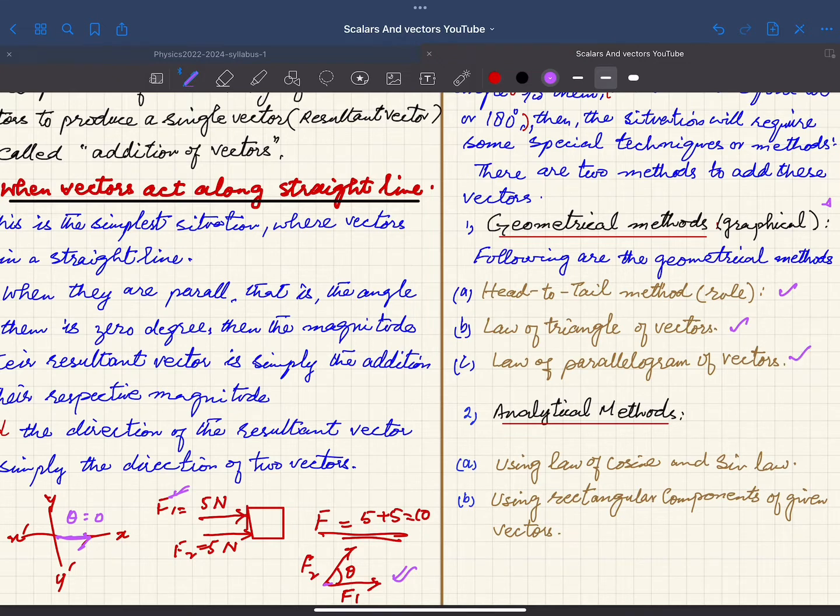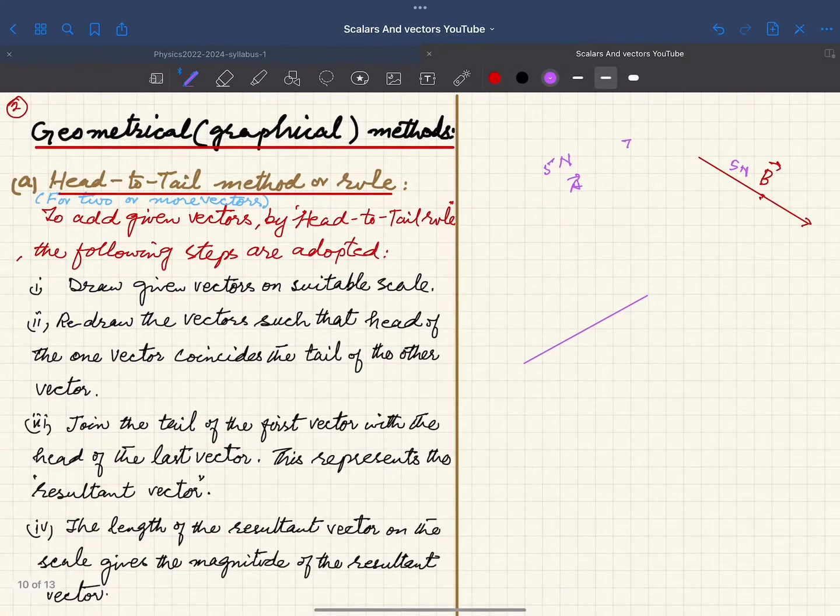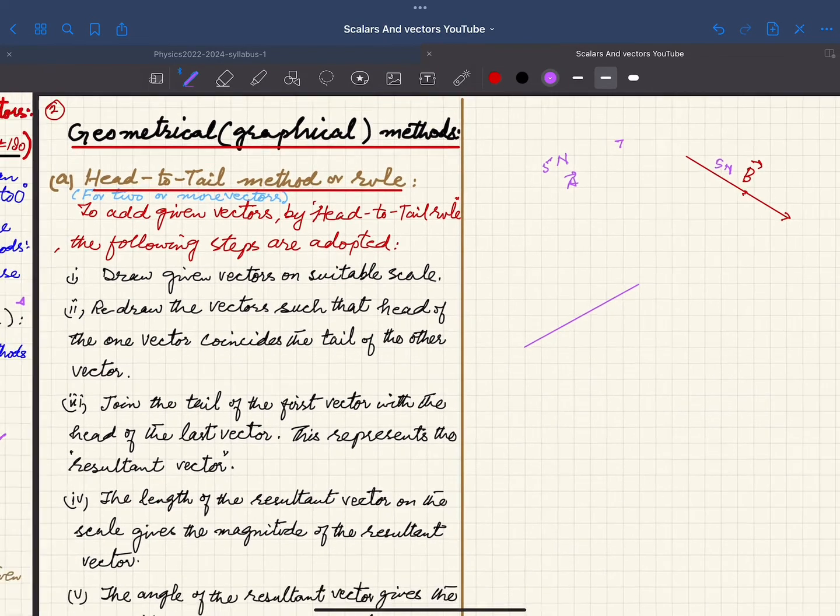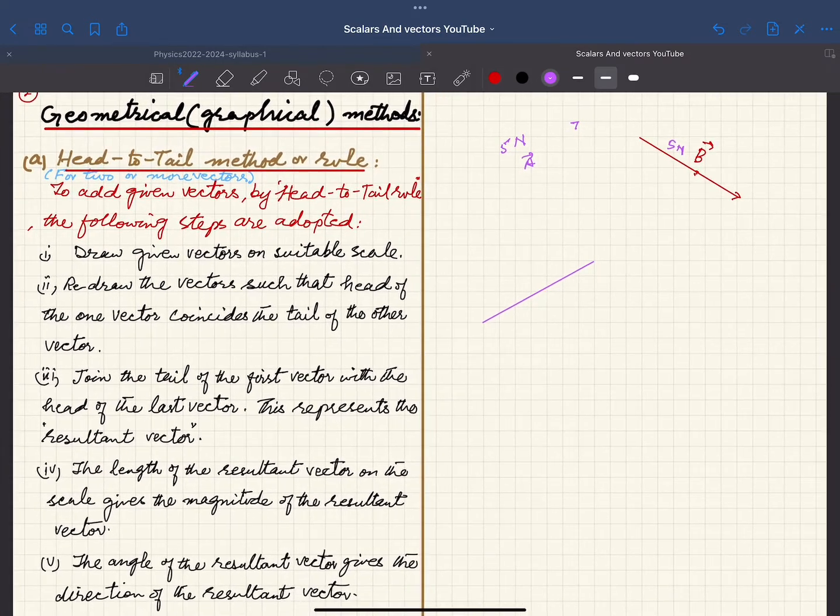First, I want to discuss these three one by one, and then I will come back to the analytical method. As we are doing the geometrical method, the first and most important is the head to tail rule, which we can use for the addition of two or more vectors.